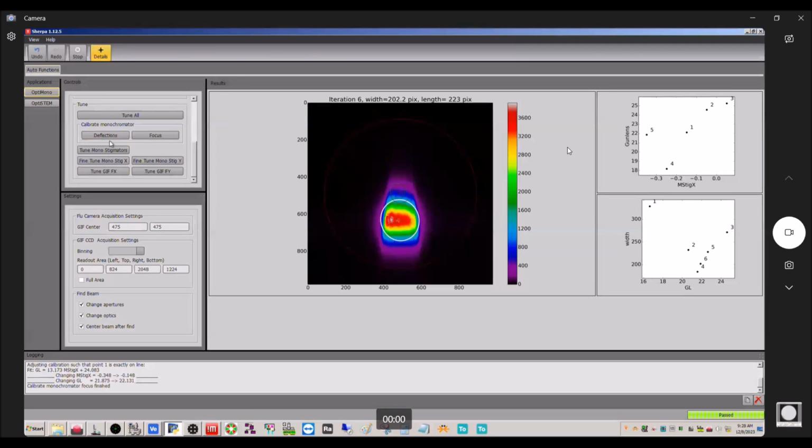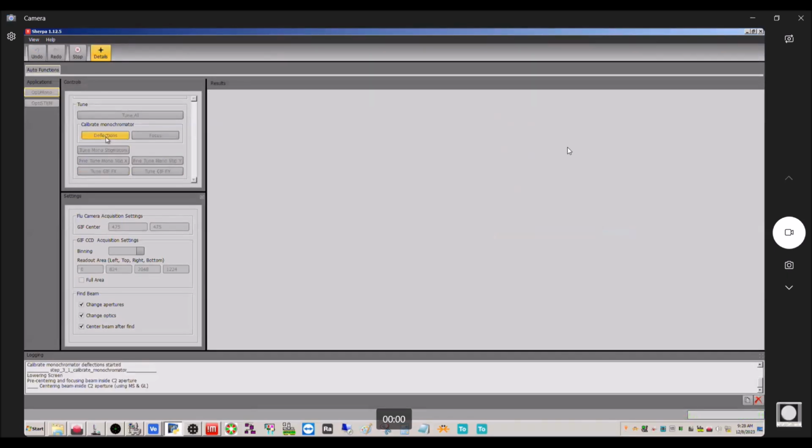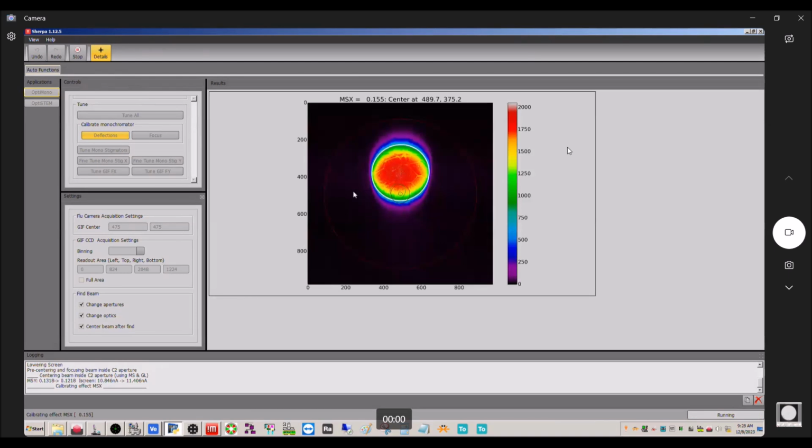So if we do the deflections one, okay, what this is doing is it's calibrating the deflections caused by different elements of the monochromator, and it's attempting, okay, to keep the beam centered as it's doing this.